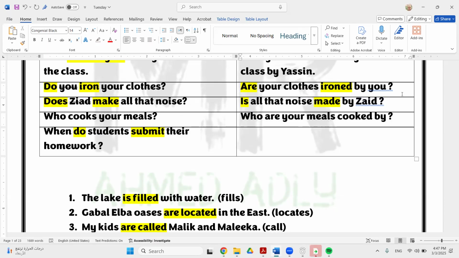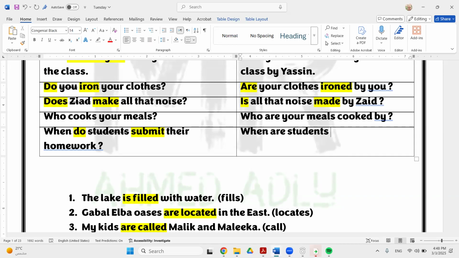طب ياسين مصطفى رد عليا. It's okay. دنيا, when do students submit their homework? يبقى هنا we're going to remove students. When are students submitted? Dunya please.